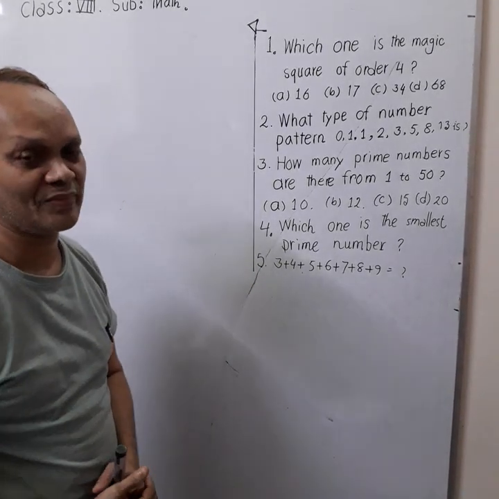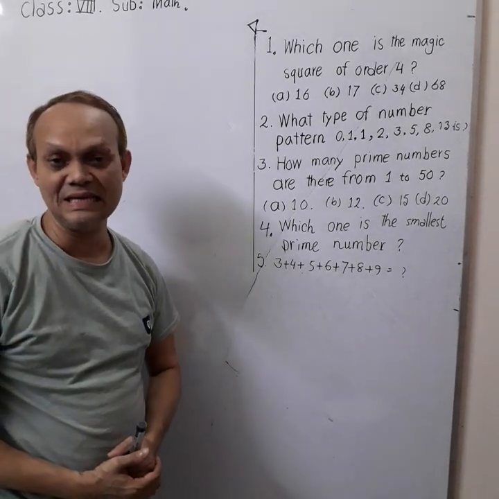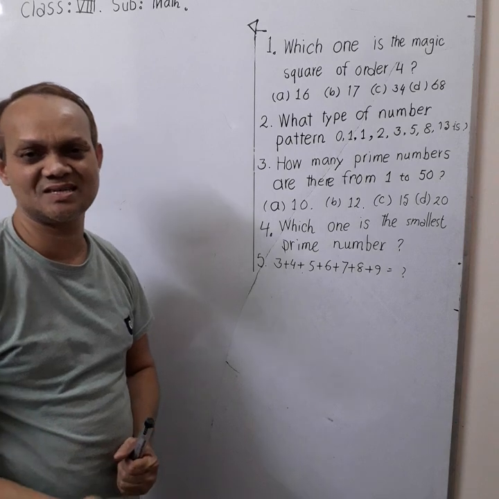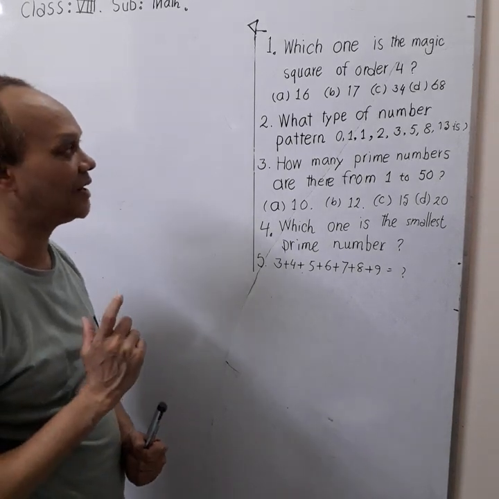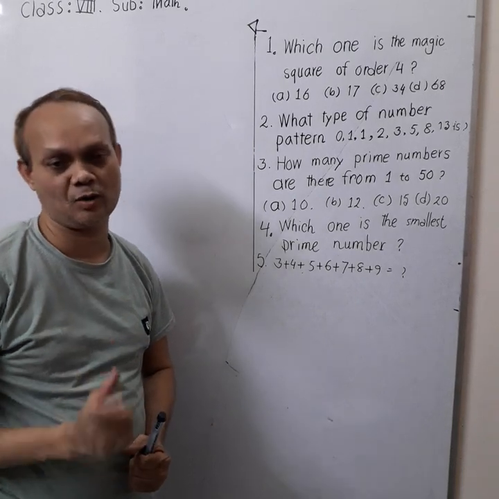what will we do? We have seen that most of the time our students just memorize the square of order 3, square of order 4 and square of order 5.